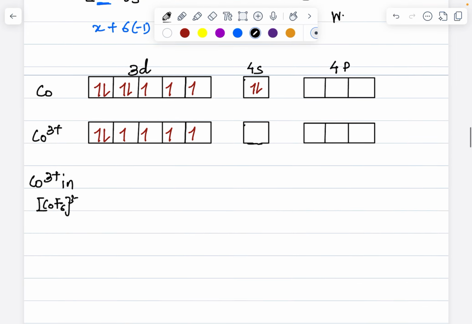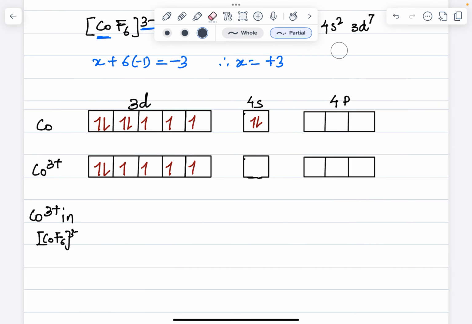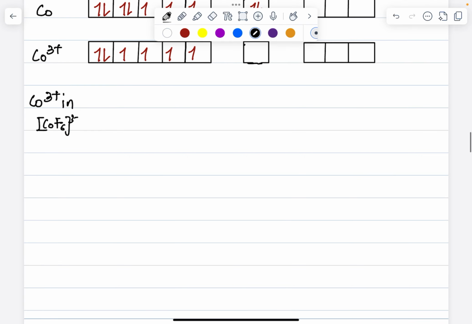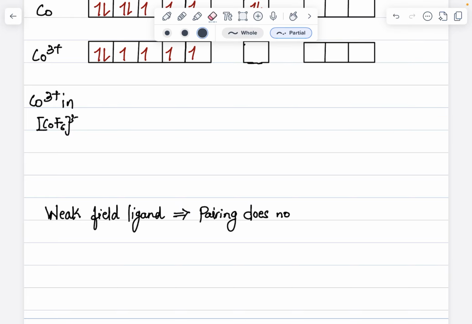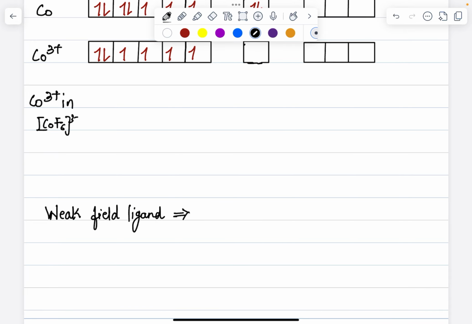I'll write it here. For a weak field ligand, pairing does not take place. No pairing takes place.